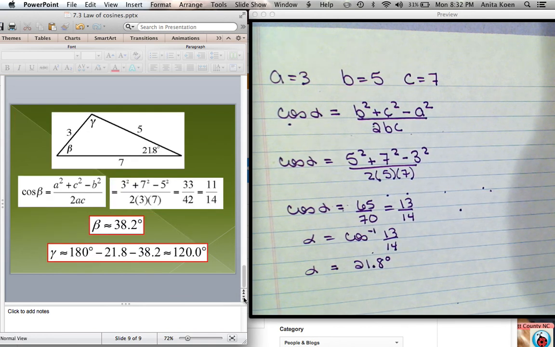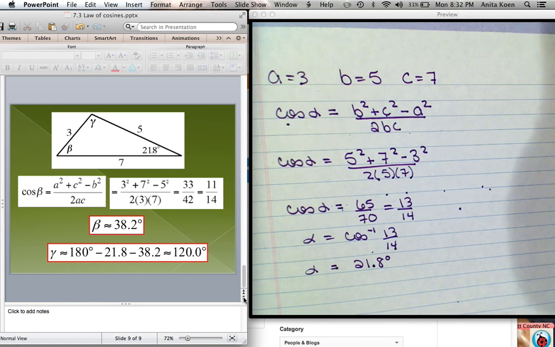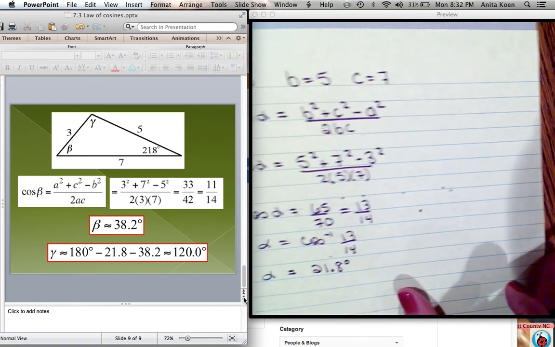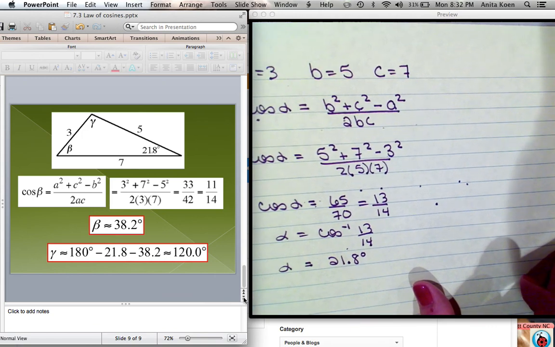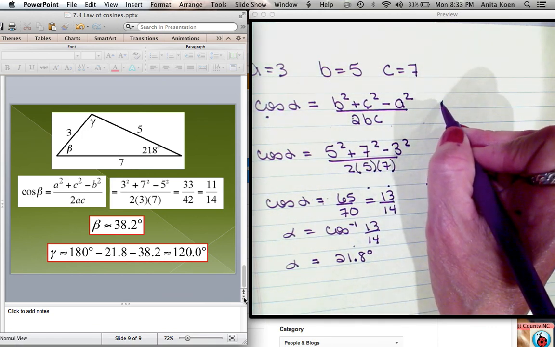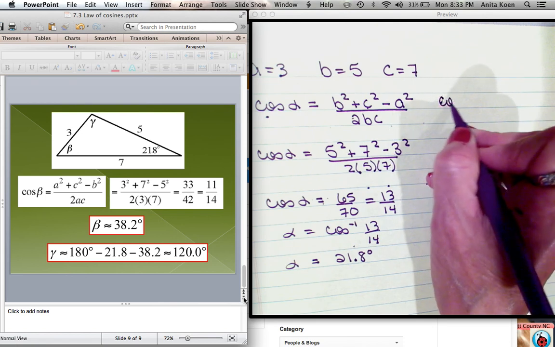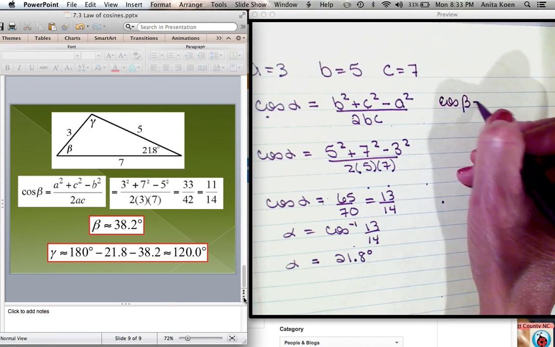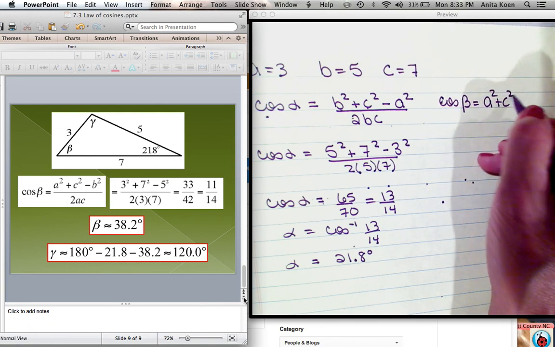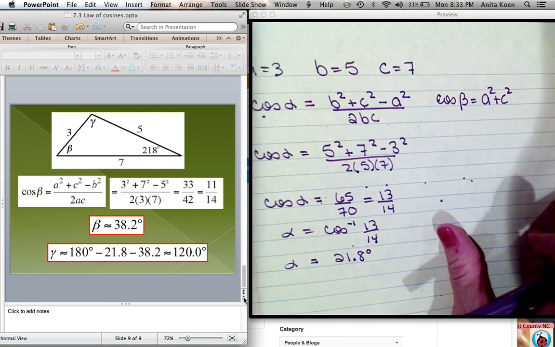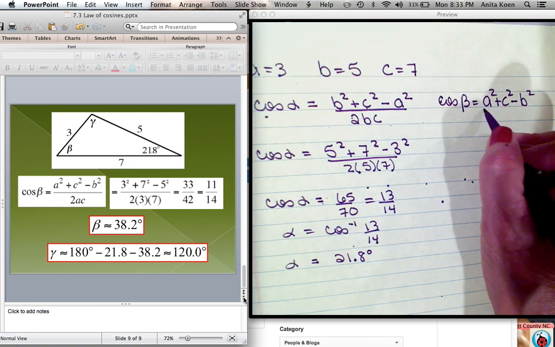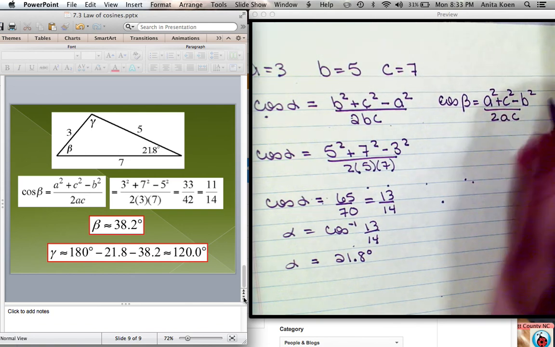Now we're going to find a second angle. So I'm going to slide over this way. I'm going to find now beta. So I'm going to use the cosine of beta is equal to a squared plus c squared, because those are the two sides that are not opposite beta, minus b squared over 2 times a times c.